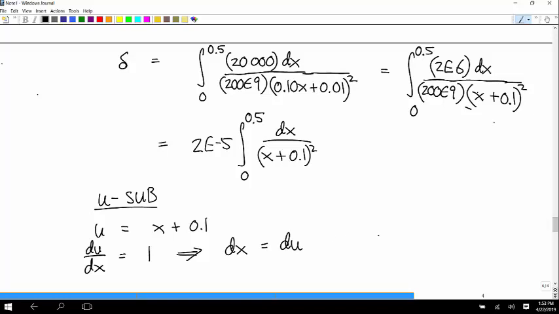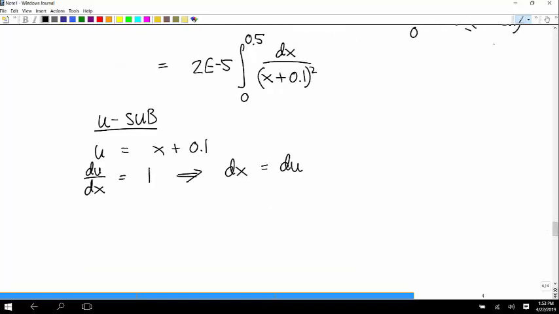And so this integral is 2 times 10 to the minus 5. The boundaries now are 0.1 to 0.6. And the integral is du over u squared.